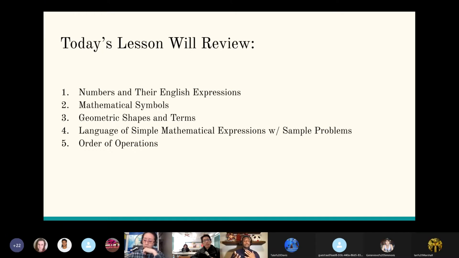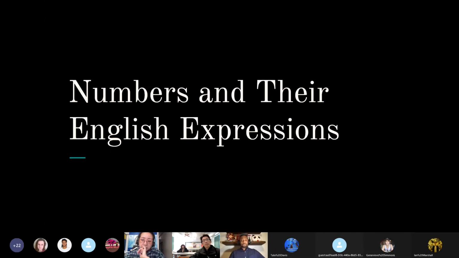I think most of the observers have probably heard the popular phrase that we have in English to remember our order of operations. And I just thought that would be a great way to wrap things up. So let's get started. So numbers and their English expressions.